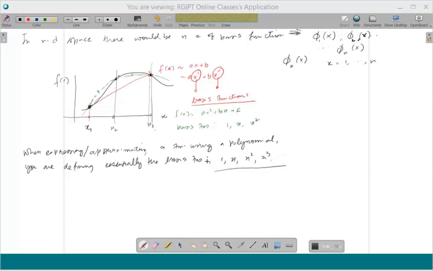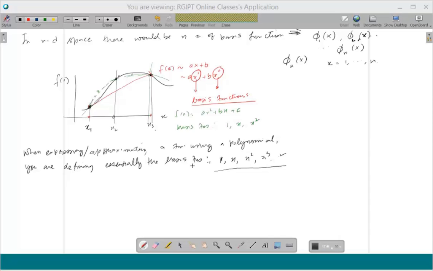Should you decide to express your function as a polynomial approximation, then these are nothing but the basis functions. But remember, like in 3D, there is not a unique basis.